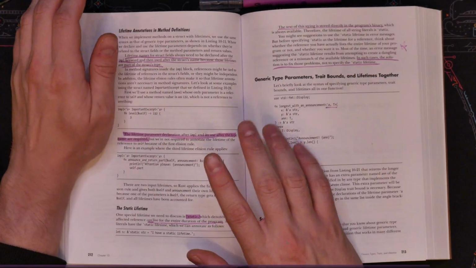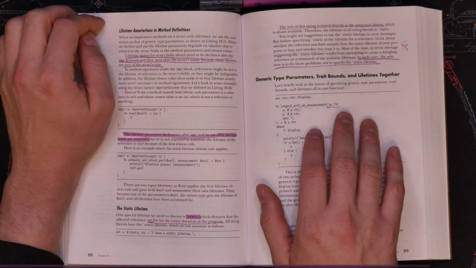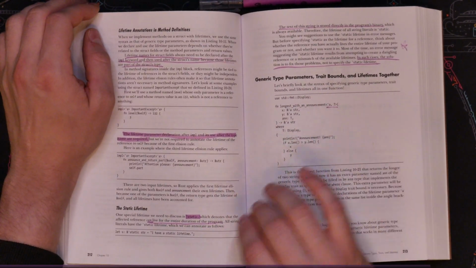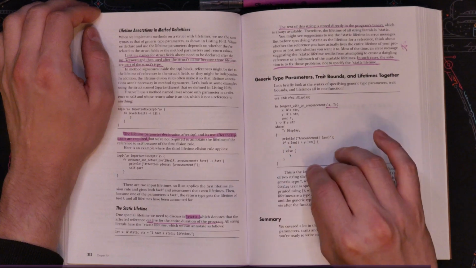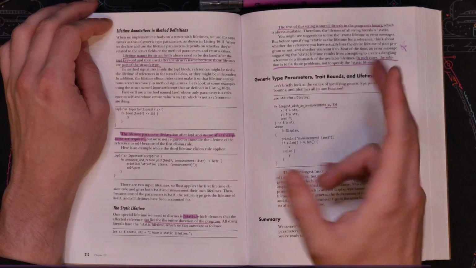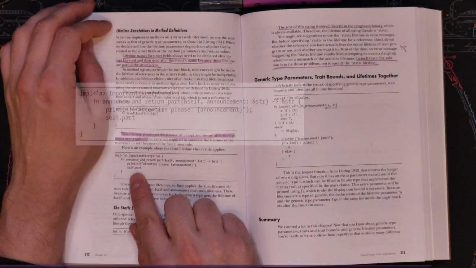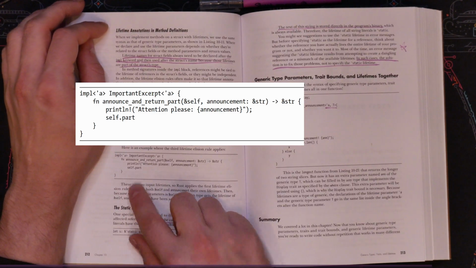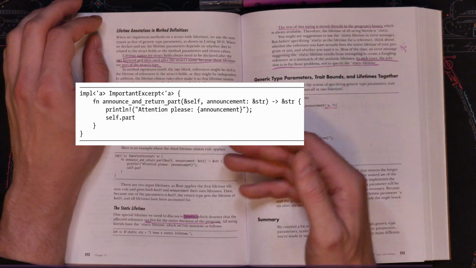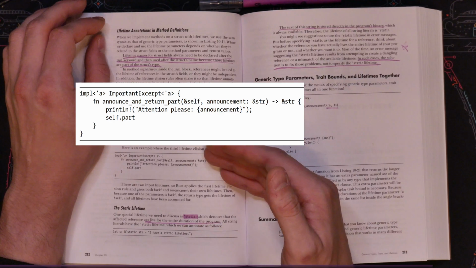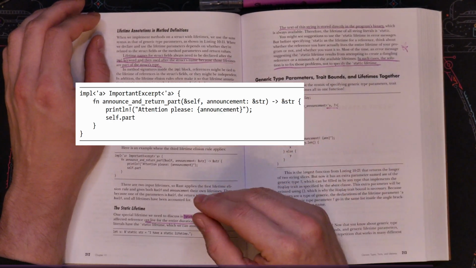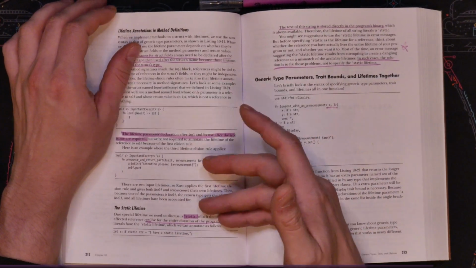It did for me. I feel like one thing's worth pointing out here, that these rules exist only because they follow a pattern that is super ubiquitous. For example, the case where we positively used our third elision rule, we have a return of self, which tells us that most of the time that we're talking about a method, we're going to be returning something related to self. So it's important for us to concern ourselves with the lifetime of the method.